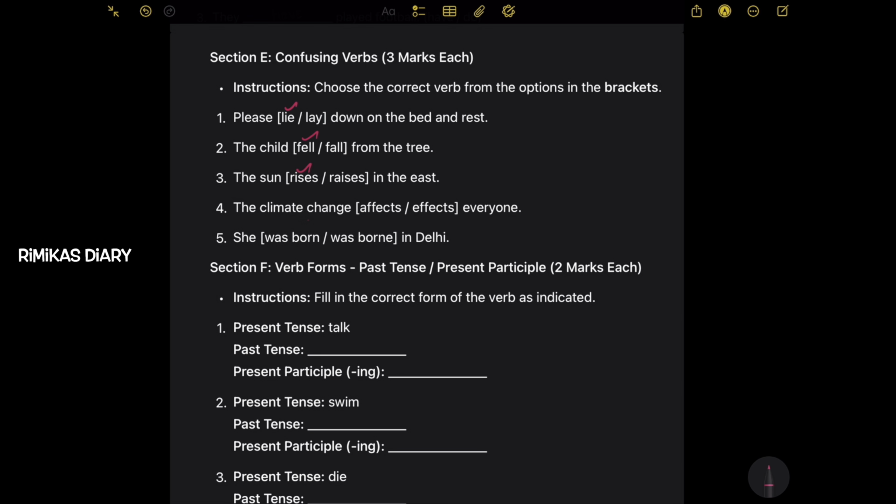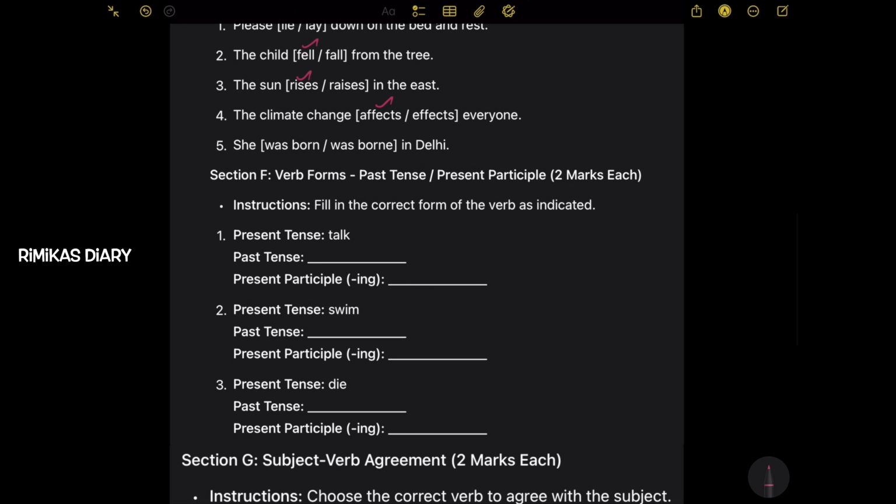Rises. The climate change affects or effects everyone. Affects. She was born or borne in Delhi. So it's this born. This born means birth. This borne means carrying something or producing something.